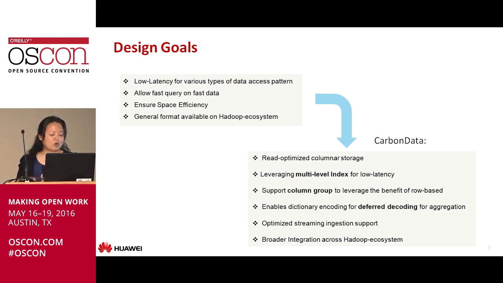Enabling dictionary encoding is a way for us to speed up aggregation queries so that we can defer decoding until a later stage. We also have optimization for streaming ingestion for fast data. Lastly, broader integration with other platforms or processing engines on the Hadoop ecosystem is our plan.